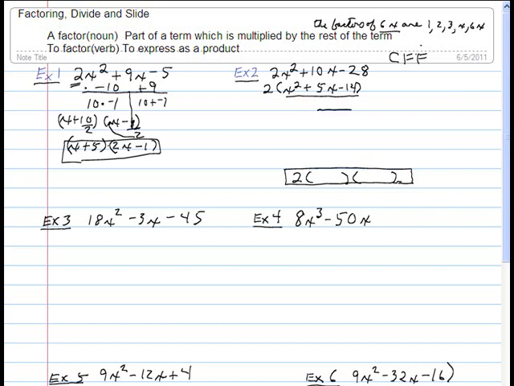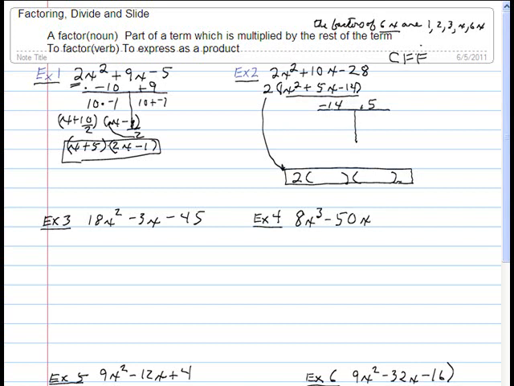I make my t just as I did before. On the left, I put my product of the first and last coefficients. But remember, the 2's gone. It's down here. So my first coefficient now is 1 understood. So it's 1 times negative 14, which is negative 14. My center coefficient is 5, so I put a 5 here. It's a plus.